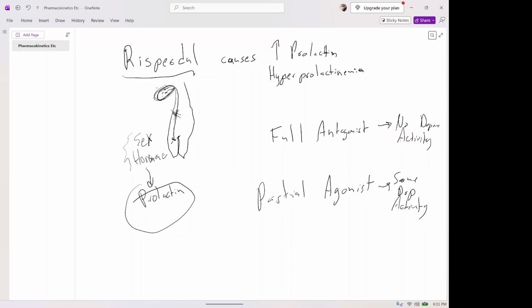The fact is, this is a very sensitive circuit. It doesn't take much dopaminergic activity to regulate, but if you really shut off the dopamine activity, then it goes unregulated and you have this prolactin overproduction. So usually Abilify can actually pull risperidone off of this system and actually fix the hyperprolactinemia caused by risperidone.